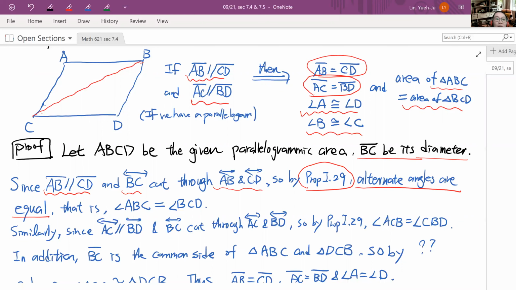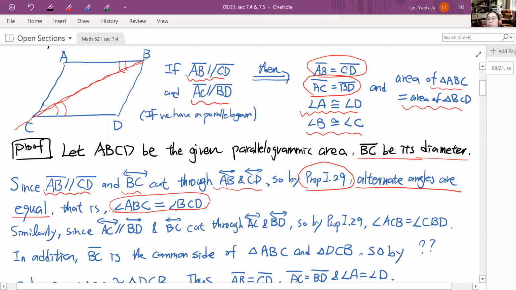So if you think of BC as a transversal cutting through AB and CD, then angle ABC is going to be equal to BCD. This is the first thing we have, just by using proposition 1.29 that we saw last week. And by exactly the same reason, we have another pair of such alternate angles.